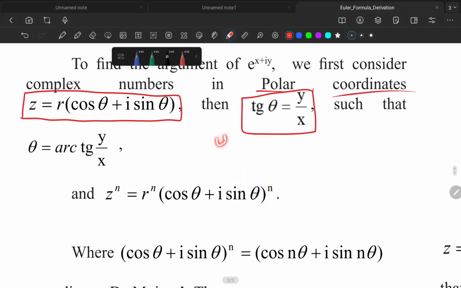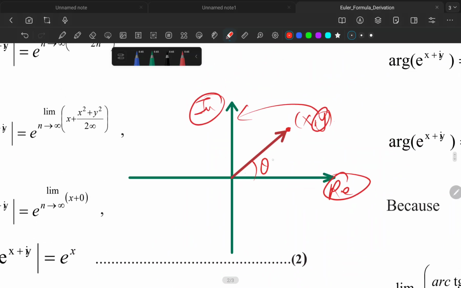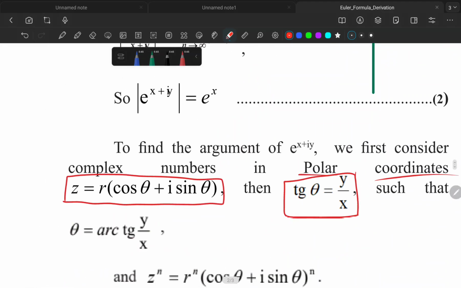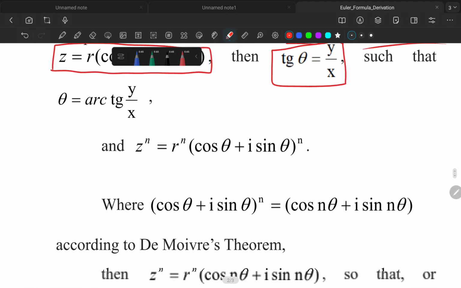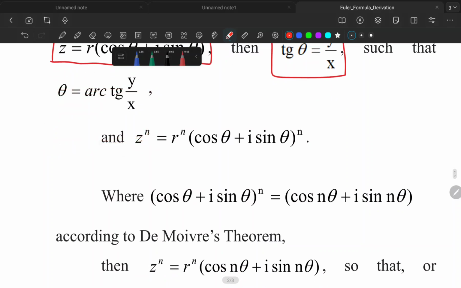Then theta is just arc tangent of y over x, and theta is what we are looking for. So this is just arc tangent of y over x. I'm really sorry guys for the confusion. So here is the representation of theta.